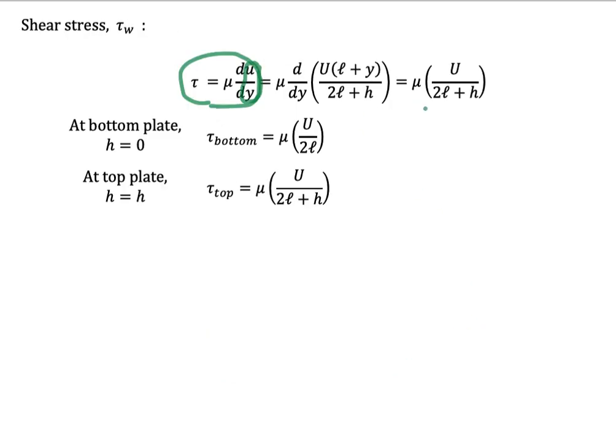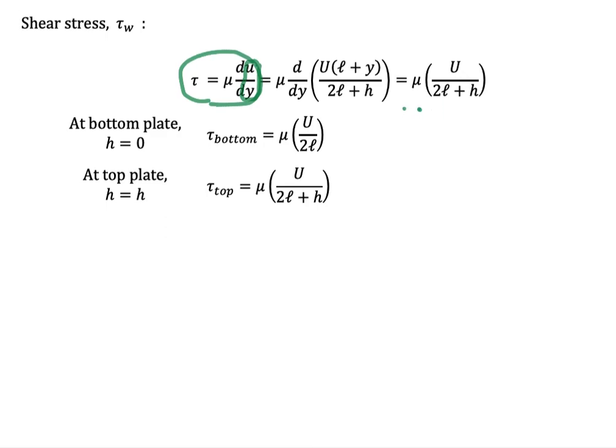So we get this value, and then we could say the shear stress tau is equal to mu U over (2L plus h). If y is equal to 0, at the bottom, the shear stress at the bottom is this one, and the shear stress at the top is equal to mu U over (2L plus h).